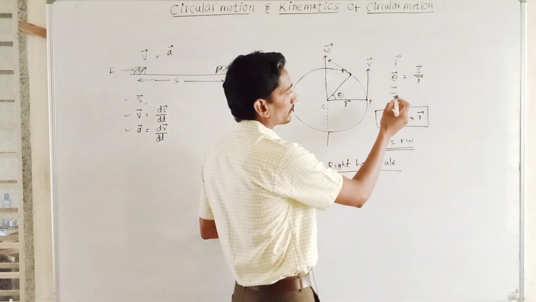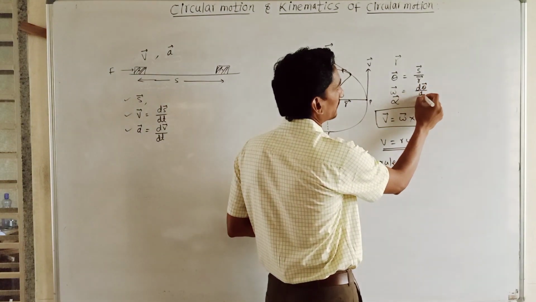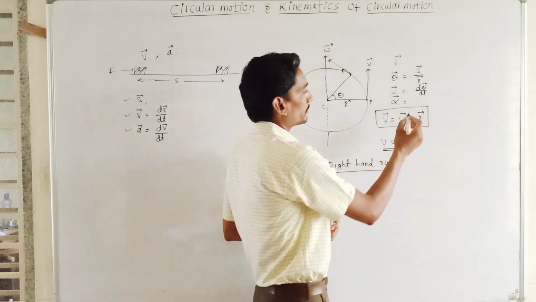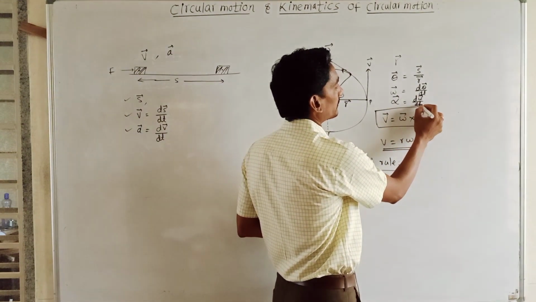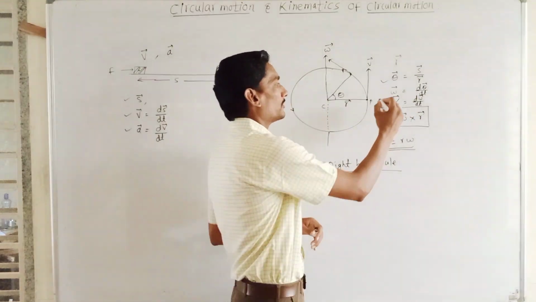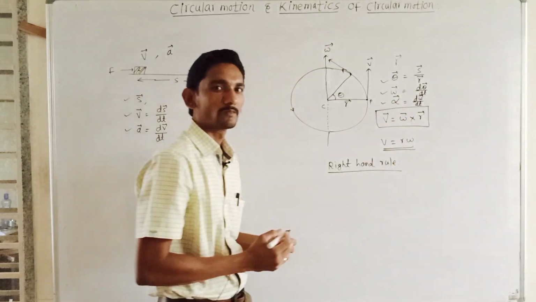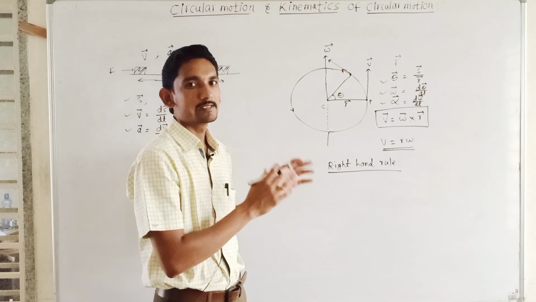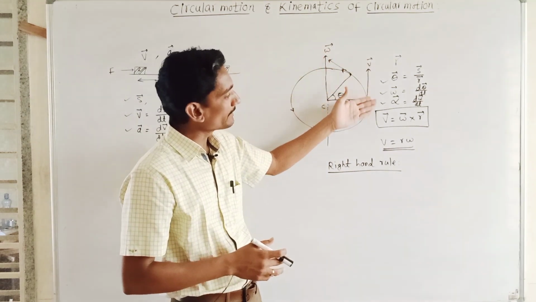Then angular velocity is given by d theta by dt, and angular acceleration is given by d omega by dt. So angular displacement, angular velocity and angular acceleration are the physical quantities which we have to describe to know the circular motion. So this is the kinematics.